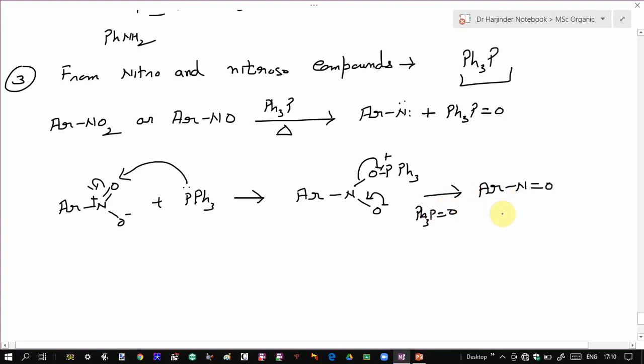This again undergoes deoxygenation in presence of triphenyl phosphine by the same pathway to give rise to a corresponding aryl nitrene. So there is a loss of another molecule of triphenyl phosphine oxide: another phosphorus atom attacks over here, the electrons shift over here, and there is again loss of triphenyl phosphine oxide.